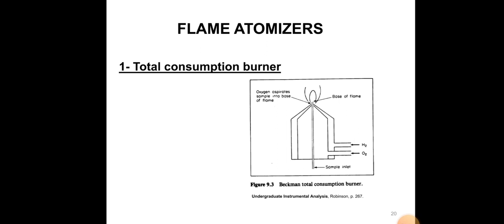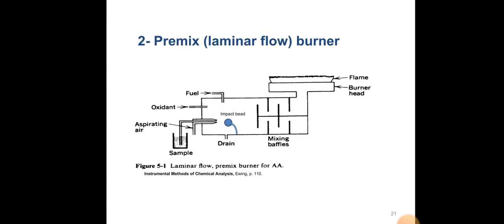it's not usually used anymore for atomic spectroscopy. But the burner that today is used is this one, that is called premix or laminar flow burner. As you can see in this burner, we have a mixing chamber.